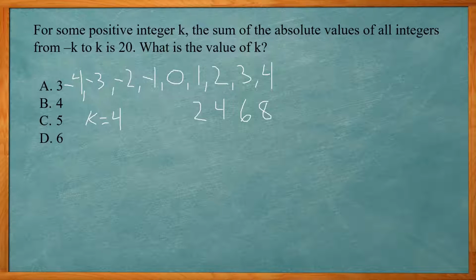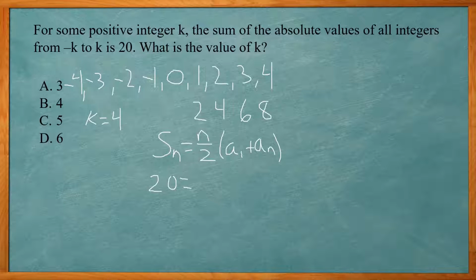So this is really an arithmetic sequence. The formula for an arithmetic sequence is S sub n equals n over 2 times the quantity a1 plus an, where n is the nth term. For this one, we wanted the sum to equal 20.